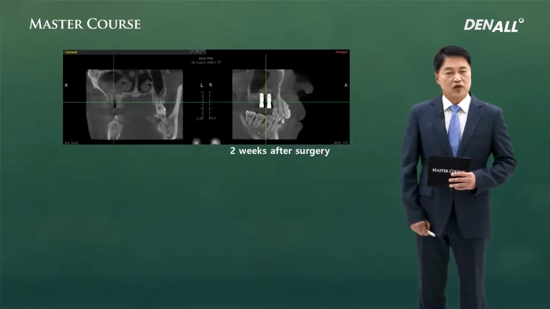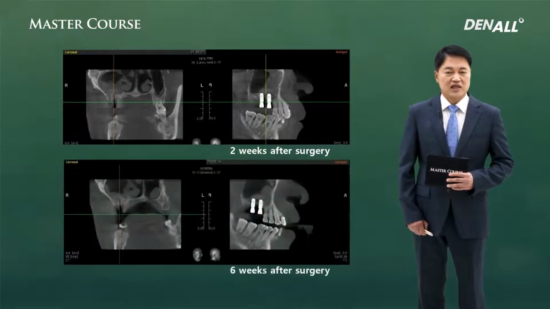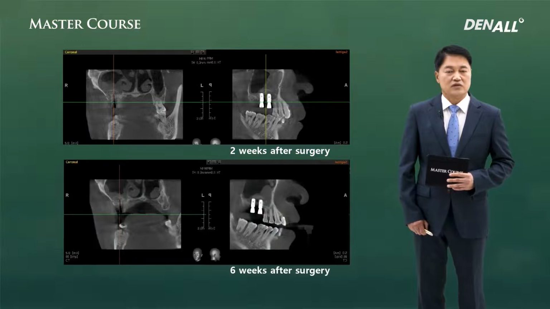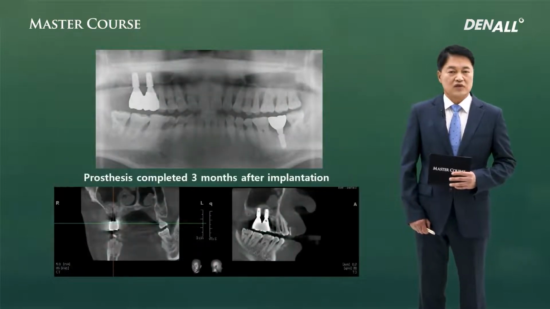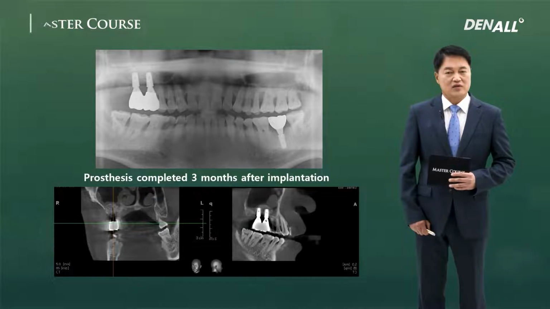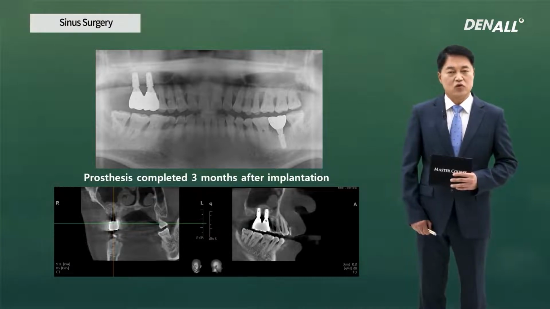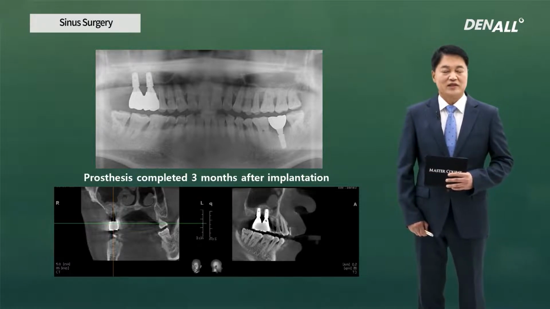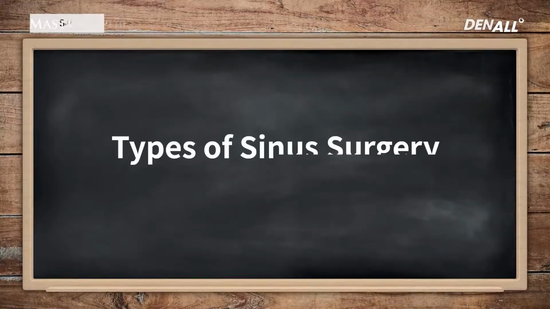After 2 weeks, you can see that the radio-opaque area has increased, but with time it has stabilized. And 3 months after implant placement, the prosthesis was completed and the implant was placed without any issue and there was no issue with mastication.